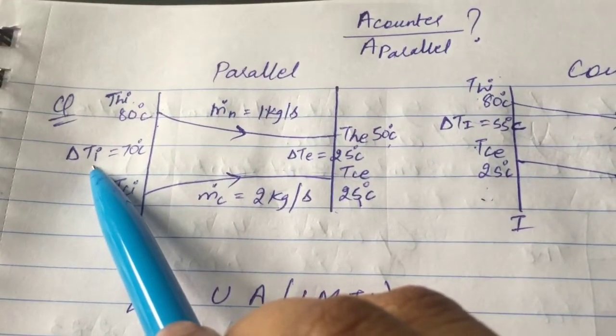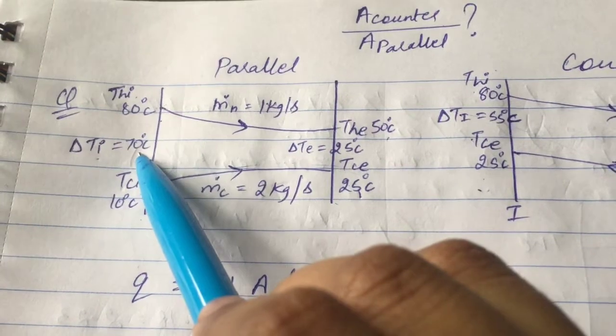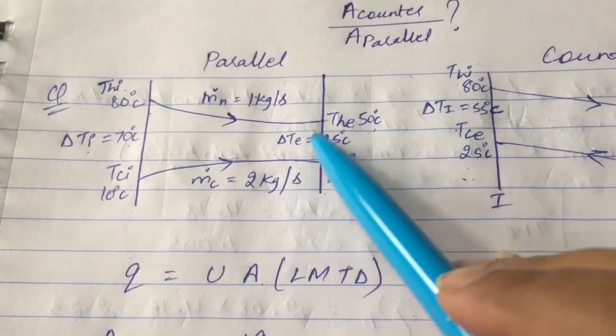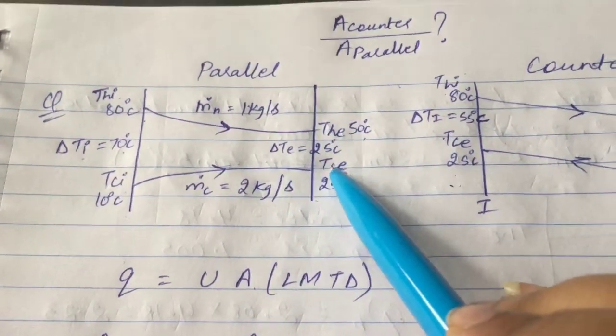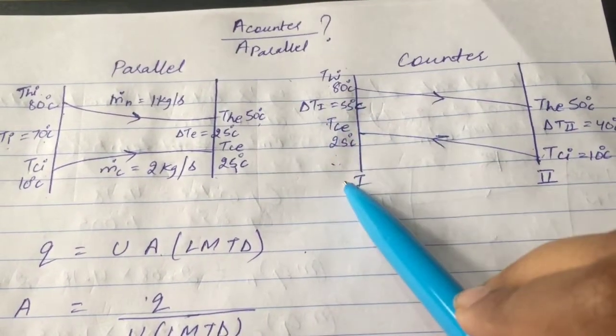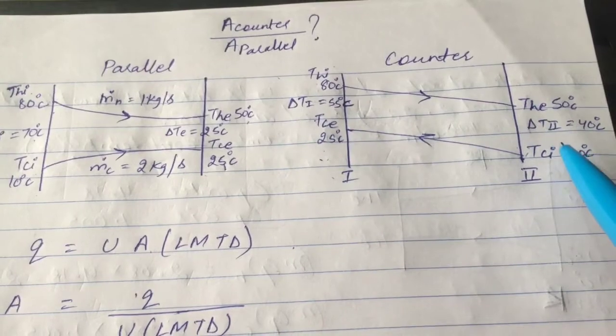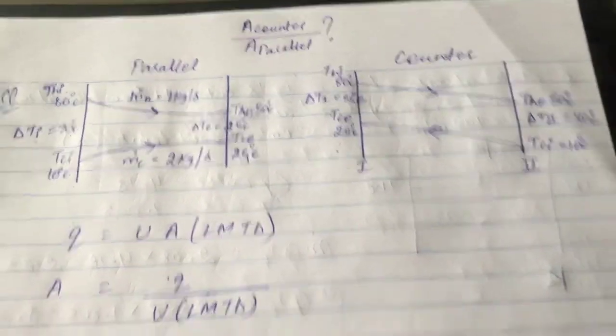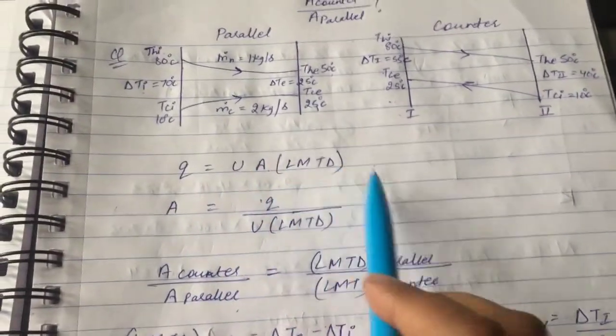So from here, for parallel flow, delta Ti, the inlet temperature difference, is 70 and the outlet temperature difference is 25. And for counter flow, the temperature difference for end 1 is 55 and for end 2 is 40. So Q we know is U A LMTD.